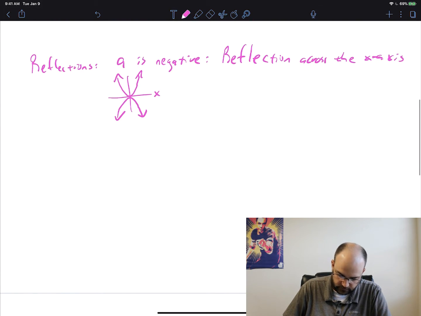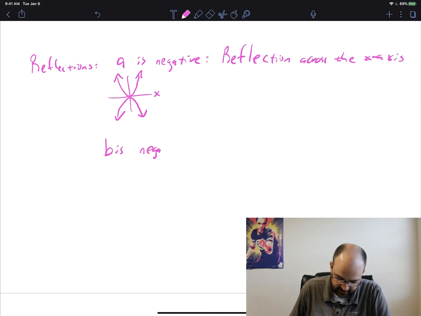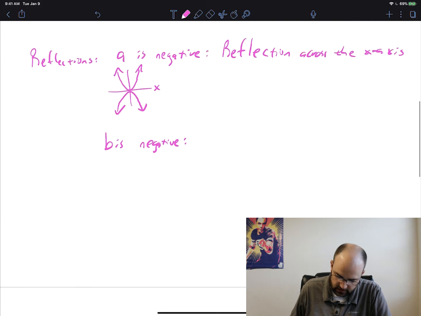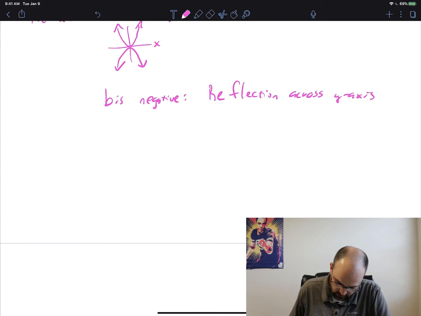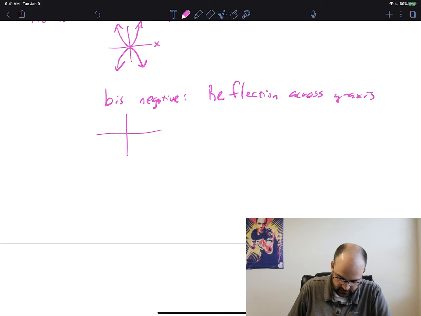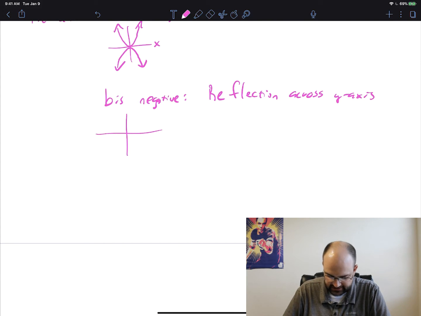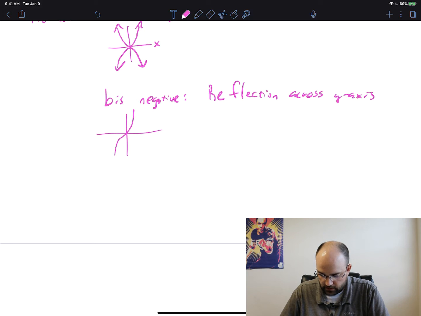However, for b, if it is negative, that's a reflection across the y-axis. Because the x values are changing. So if we have, quadratic won't be easy to see. If we have that right there, if we're dividing by -1, that means that all the x values are changing to the other sign.